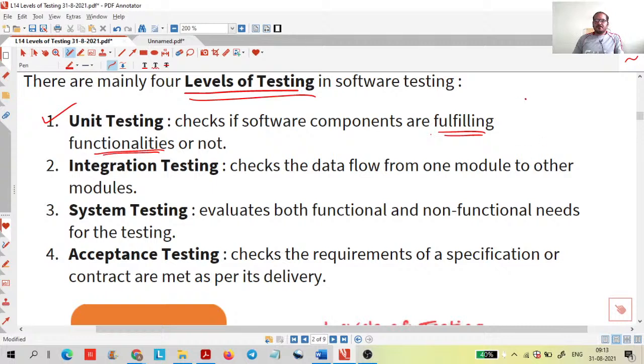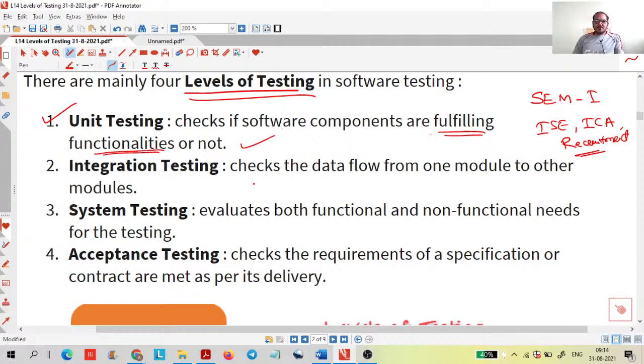For example, consider your semester 1 examination, your internal test, or any recruitment test that you are appearing for. That is an individual unit.